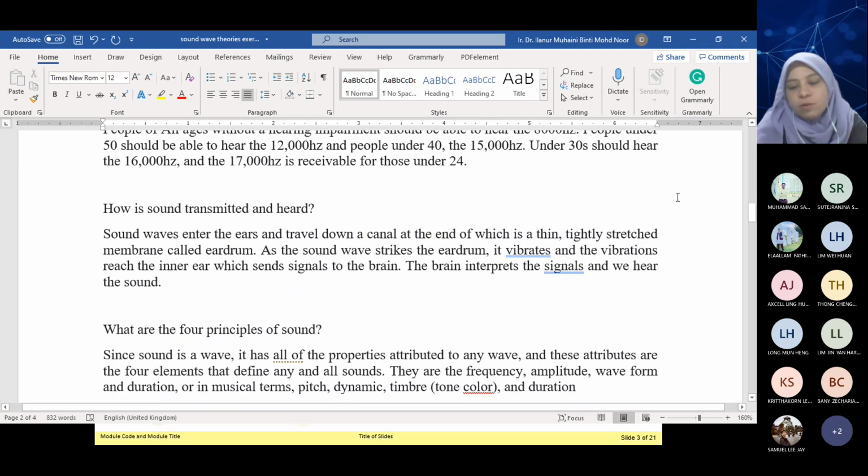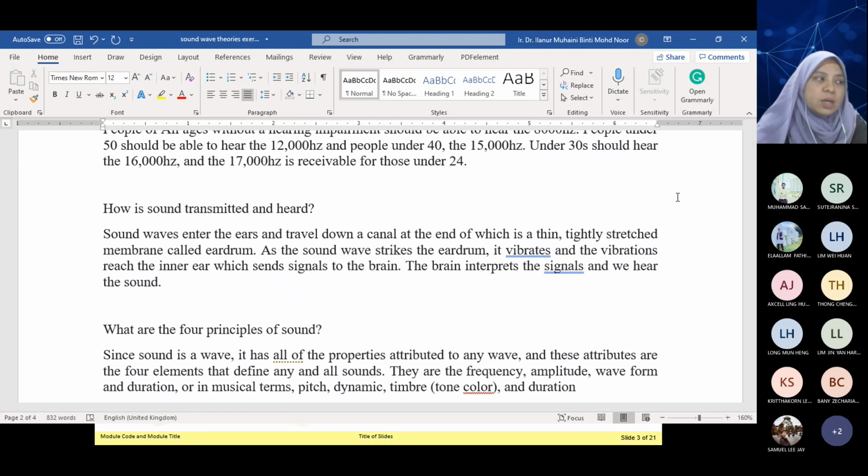Next, what are the four principles of sound? Since sound is a wave, it has all the properties attributed to any wave. These attributes are the four elements that define any and all sound. This we have learned in our previous topic.